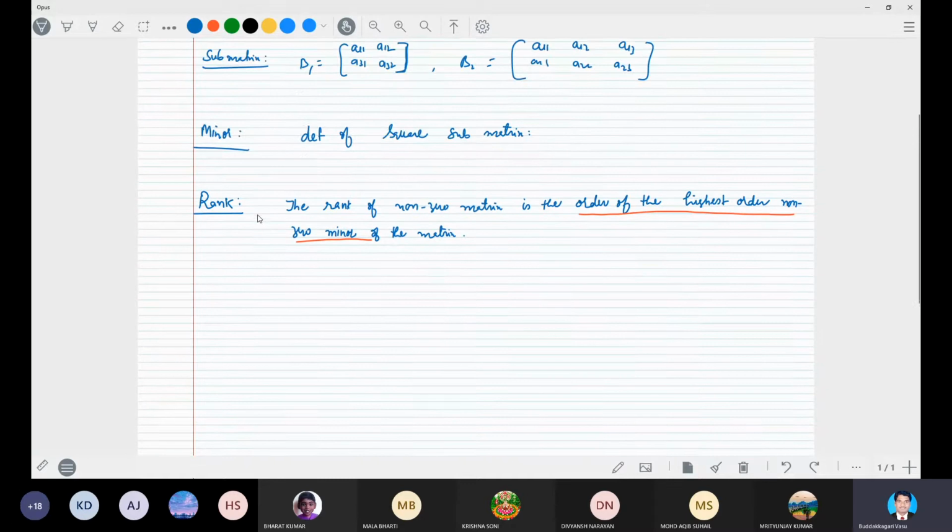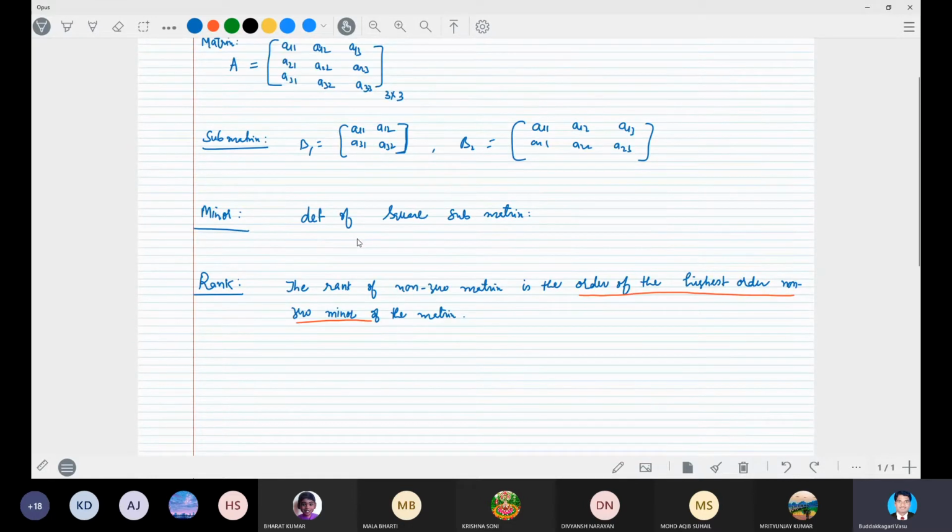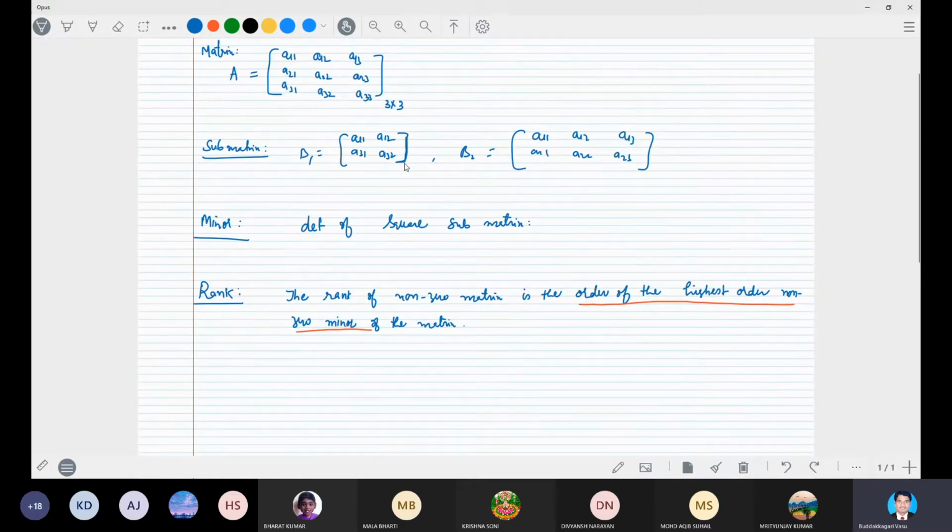Suppose, you know what a minor is? Different kinds of minors can be taken from the given matrix, among which we take the highest order minor which is non-zero. That means the minor cannot be zero; the determinant of the square submatrix must be non-zero. Like that, the order of the highest order non-zero minor is defined as the rank of the matrix.